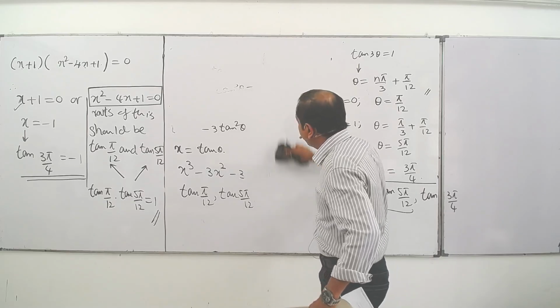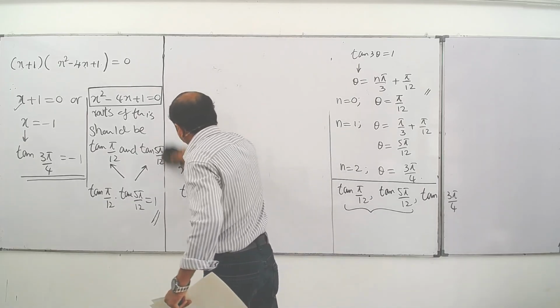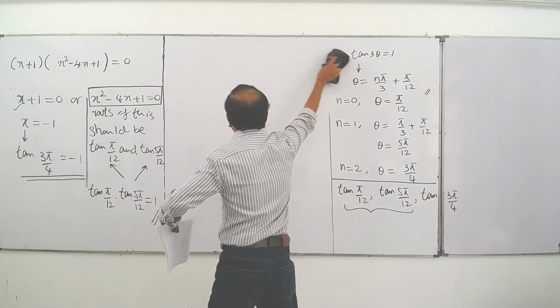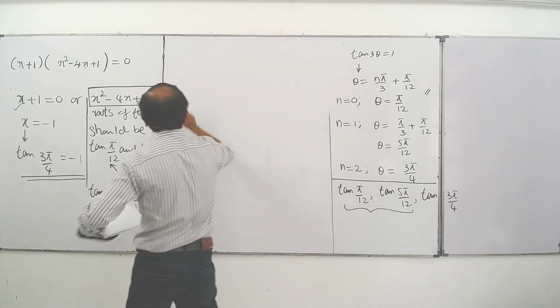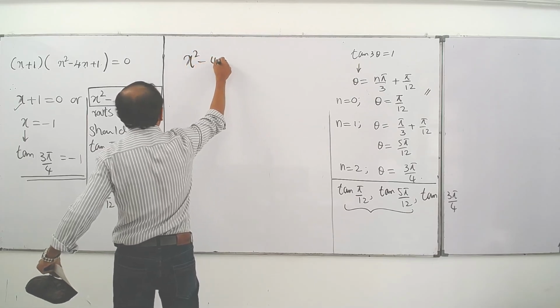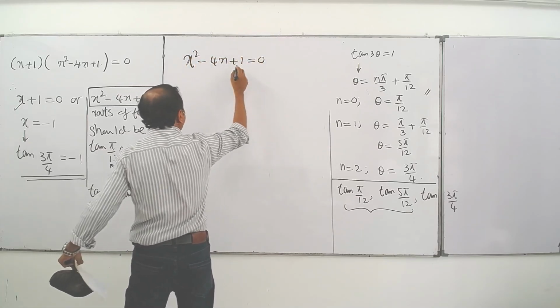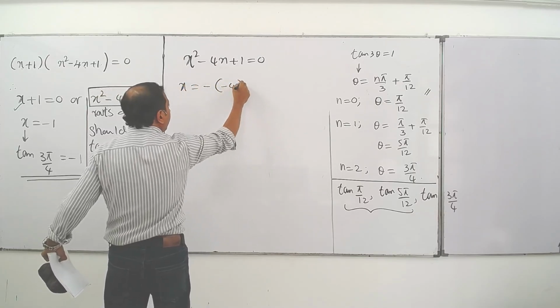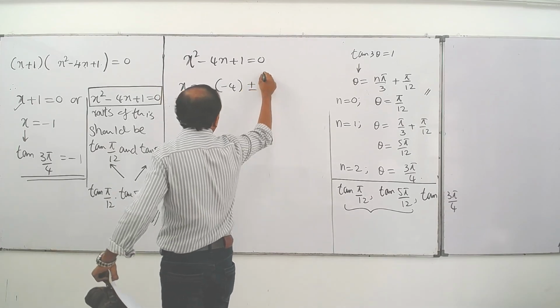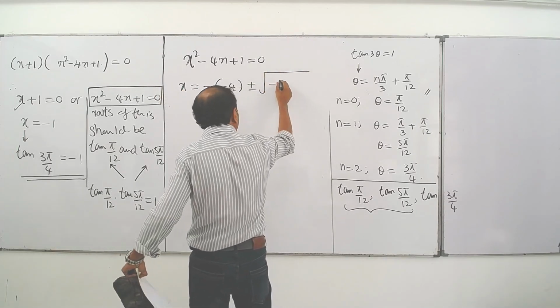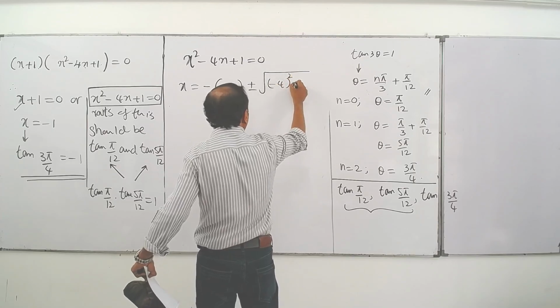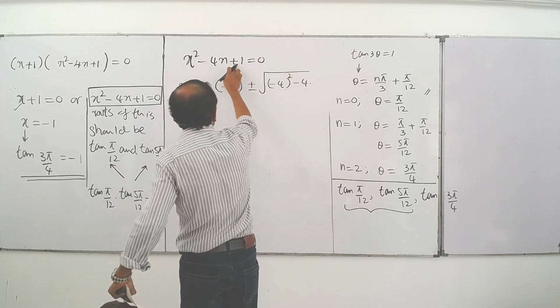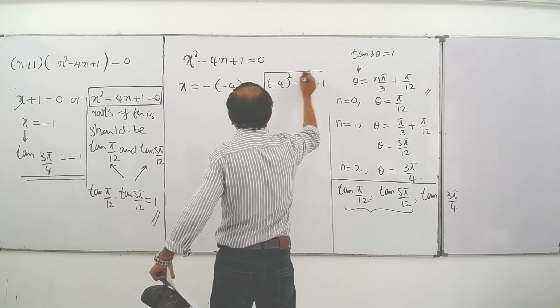Right. Now I am going to solve this quadratic equation by using the quadratic formula. It is x squared minus 4x plus 1 equals 0. X equals minus b, minus of minus 4, plus or minus square root of b squared minus 4ac, divided by 2 into 1.